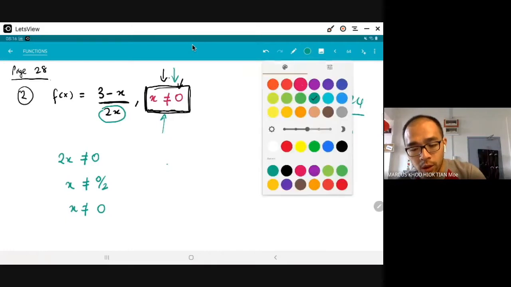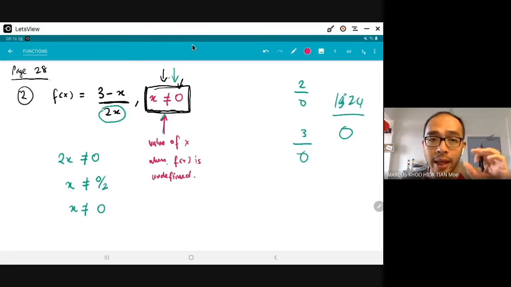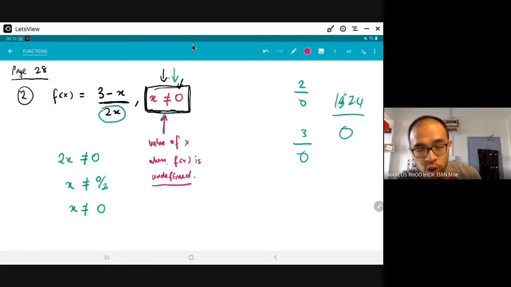So we call this the value of x when f(x) is undefined. Dia adalah nilai x yang menyebabkan f(x) kita math error. The word undefined, kalau kita rujuk kepada calculator, dia akan tulis sebagai math error.